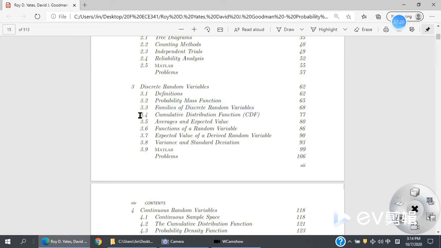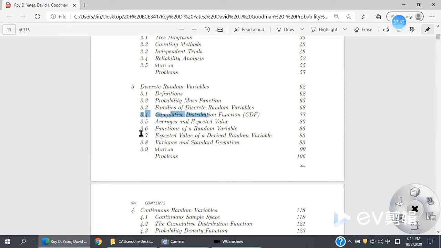And then after the textbook shows you what the CDF is, you can also find the same families of random variables in section 3.4, what kind of CDF they have.